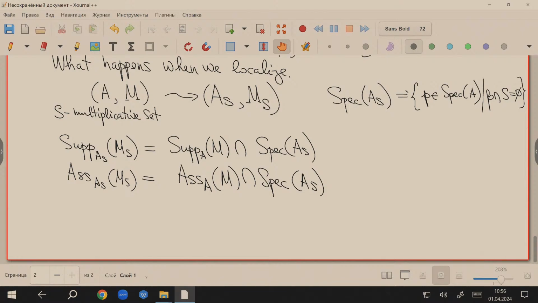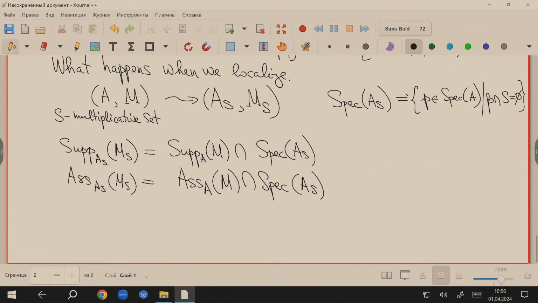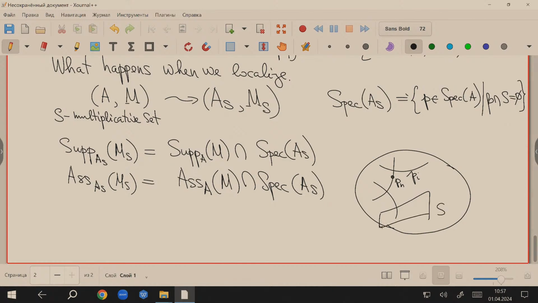So just remember, the idea is that when you're thinking about the spectrum of the support or the set of associated primes, you have a collection of prime ideals, and then you just have the subset which corresponds to this multiplicative system.